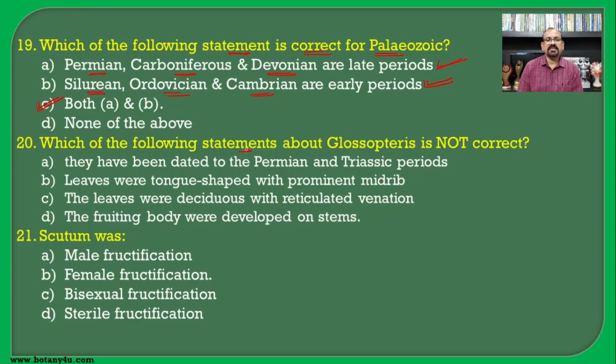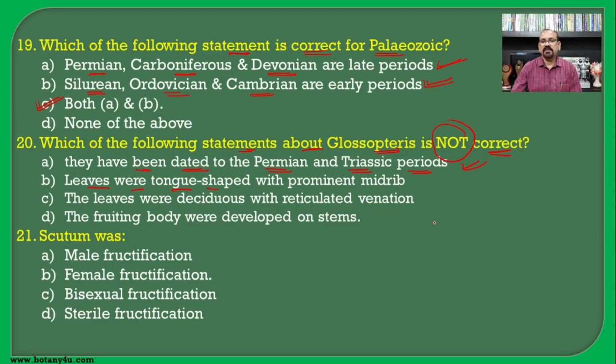Then, which of the following statements about Glossopteris is not correct? First, they have been dated to the Permian and Triassic period, so this is a correct statement. Then, leaves were tongue shaped.